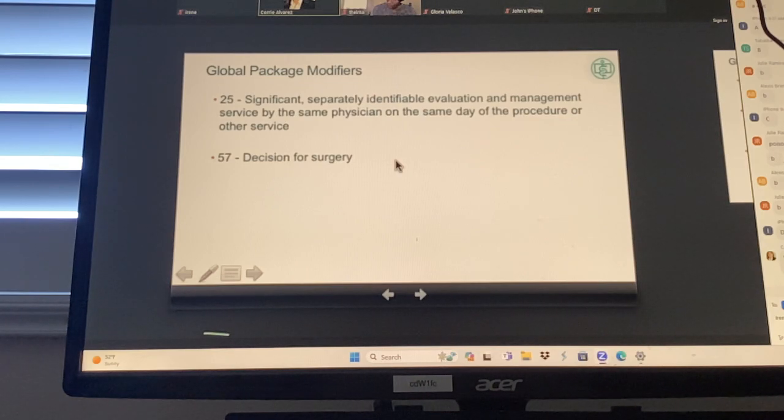So they can charge for the consultation or the exam the day before when they have not treated you for that condition. And so the 57 is the decision for the surgery that goes on that E&M code, and it overrides the preoperative visit, because you never had a preoperative visit to take advantage of. So 57.